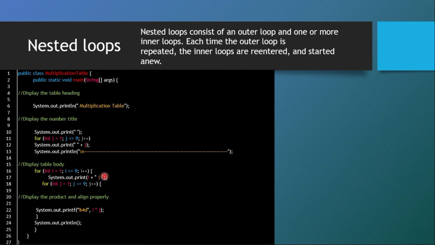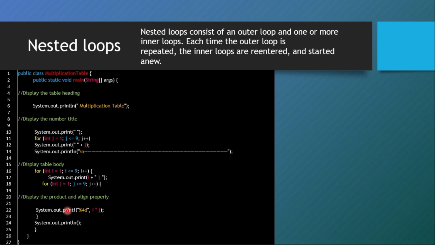Okay, so the system will print i, so we're going to have a value of 1 to 9, and we're going to have this type of character here that gives us some separation. And then we have for int j equals 1, and then j is also less than or equal to 9, j++. So this is a loop within this loop, and then this is going to say System.out.printf.